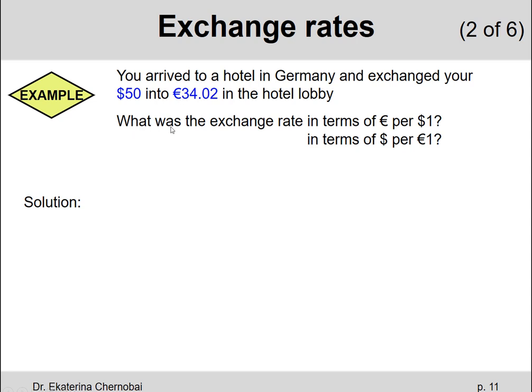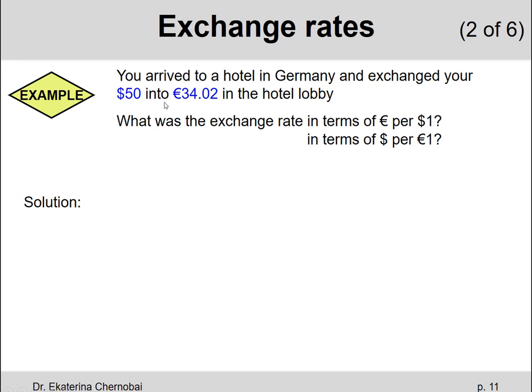Question: what was the exchange rate that was used for this transaction? And it needs to be expressed in terms of euros per $1 as well as in terms of dollars per €1. So we want to do two calculations that will mean the same thing.